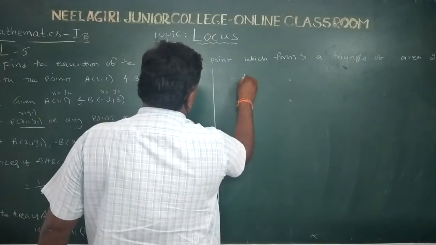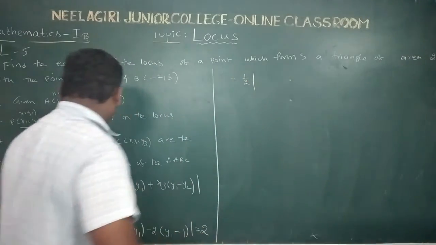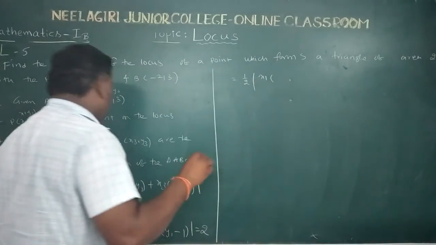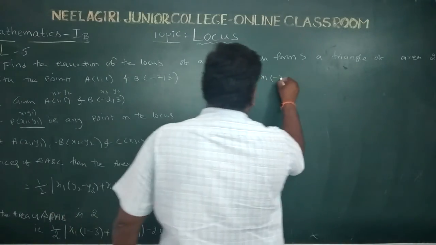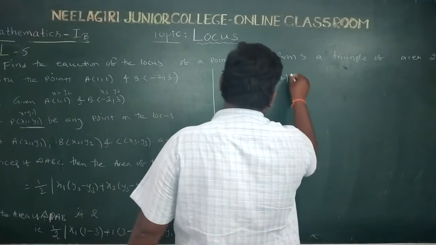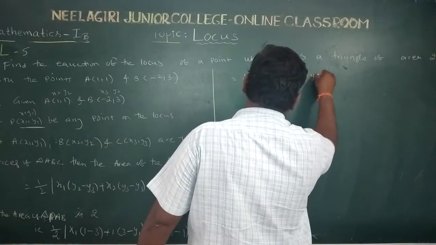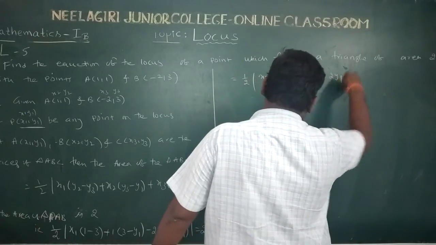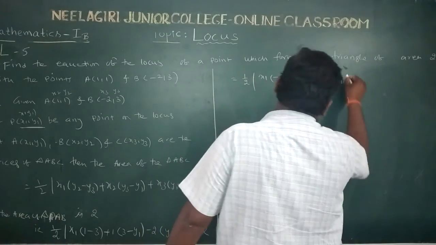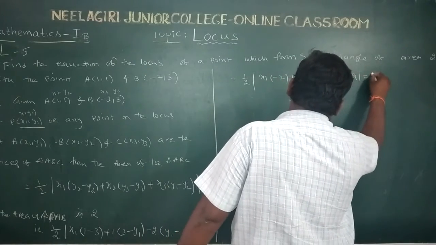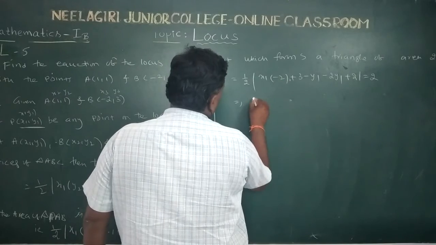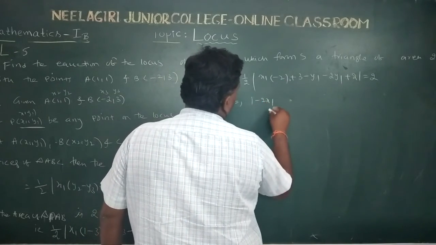Is equal to half into x1 into (1 minus 3), how much? Minus 2. 1 into 3, 3. 1 into y1, y1. Minus 2 into y1, minus 2y1. Minus into minus, plus 2 is equal to 2. x1 into minus 2, minus 2x1.